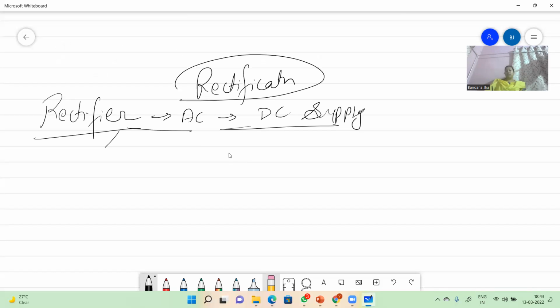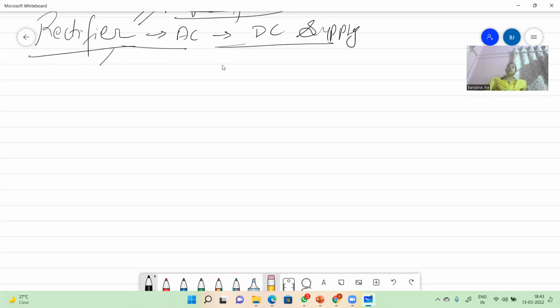Rectification is the process of converting AC to DC supply. Now, rectifier is of two types again. One is half wave rectifier and another is full wave rectifier.